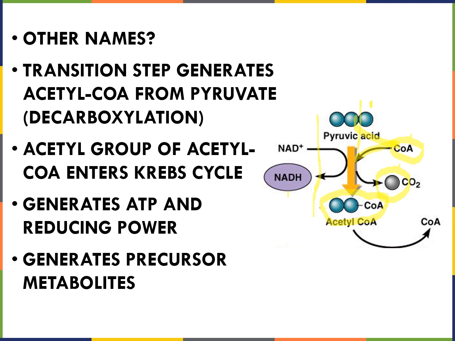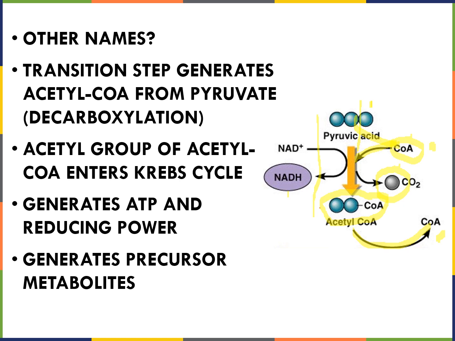Okay, notice we have acetyl-CoA as the end product, but then if you follow this arrow here, it shows CoA leaving. So that CoA is only good for one step. It comes in up here, it does what it needs to do, and then it leaves down here.